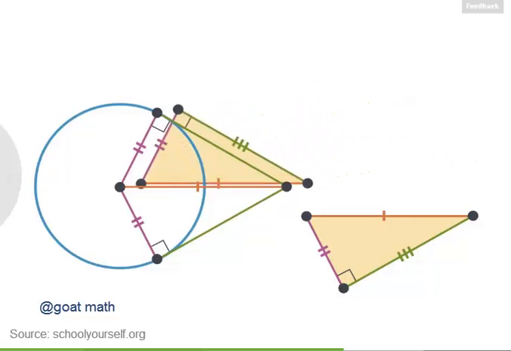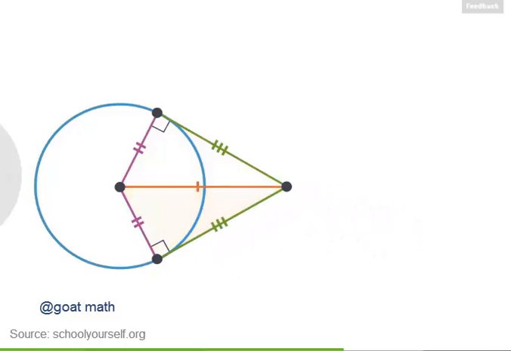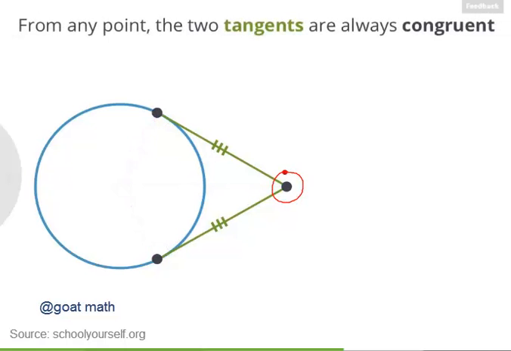This side with 3 hashes is the upper tangent, and this side with 3 hashes is the lower tangent. And we've just proven that they have the same length. So using the longer side, shorter side angle postulate, we've proven that from any point outside a circle, the 2 tangents to that circle are always congruent to each other.